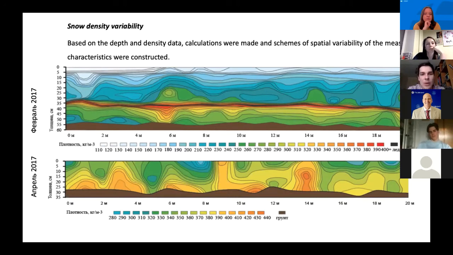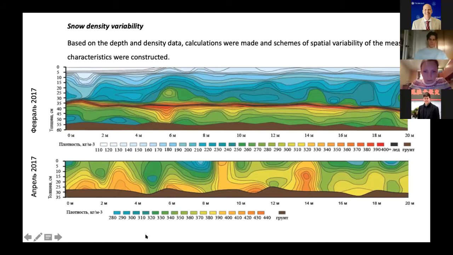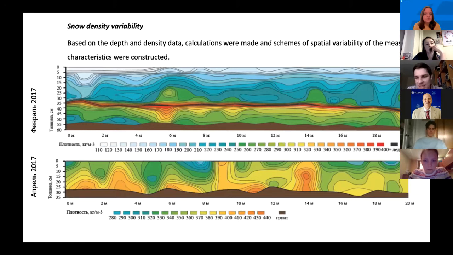And the variability of the red area is mostly the result of water percolation through the snow, because there was a warming and winter thaw, so we have such fluxes. As for the other picture, it's already after the beginning of snow melt, and we have a very complex picture here, which is also the result of water percolation.